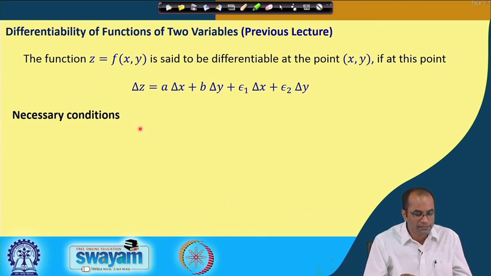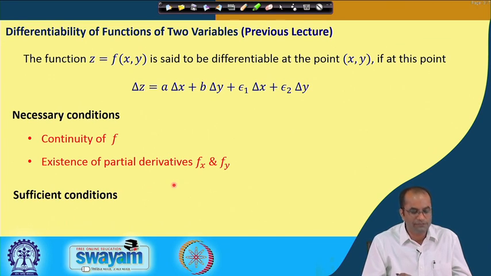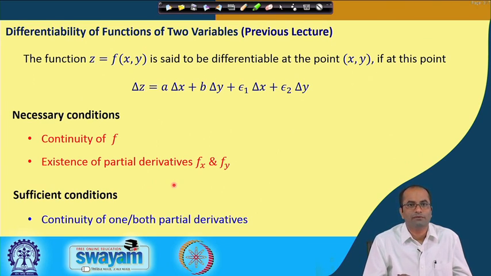So, the necessary conditions we have learned are that the continuity of f is necessary for differentiability, and also the existence of partial derivatives f x and f y is necessary for differentiability. We have also seen sufficient conditions, where we observed that the continuity of one derivative or of both partial derivatives is sufficient for differentiability of functions of two variables.